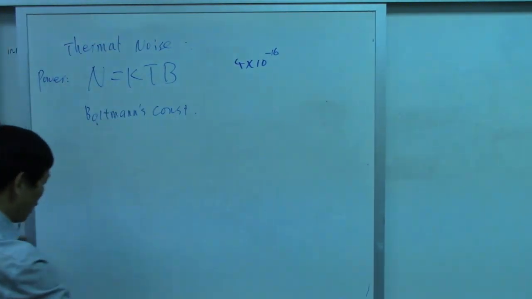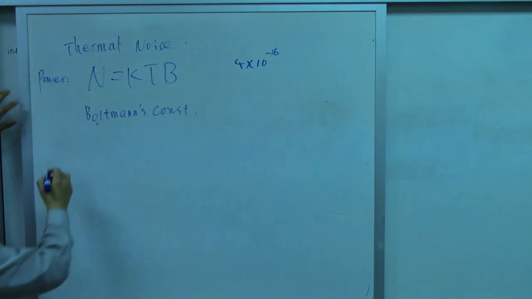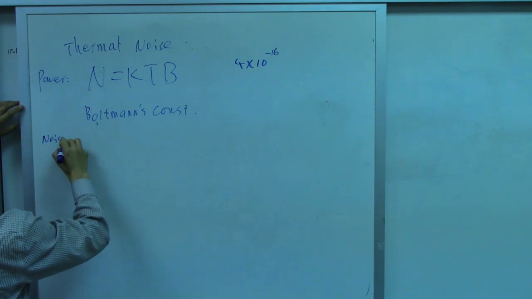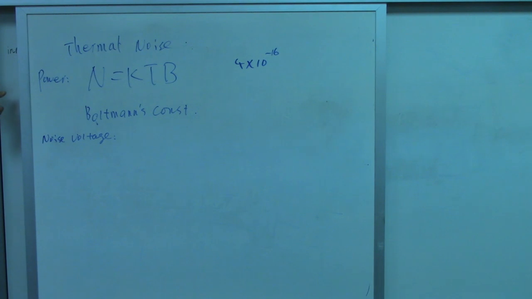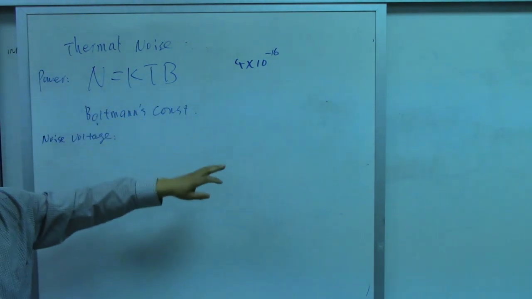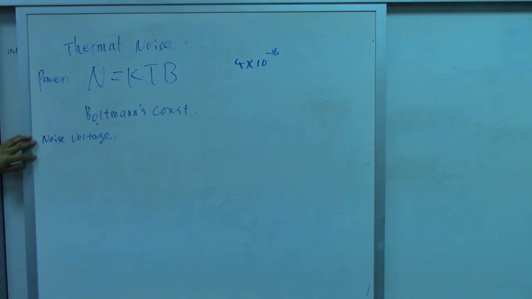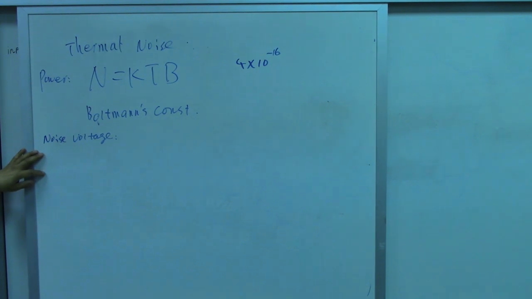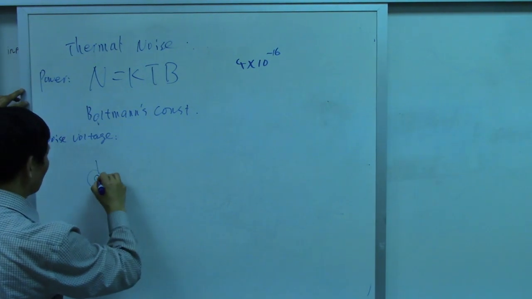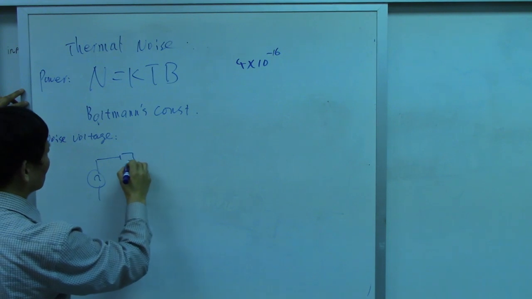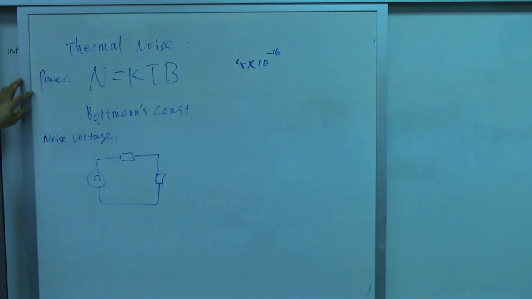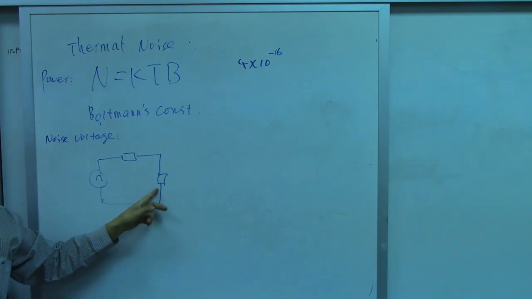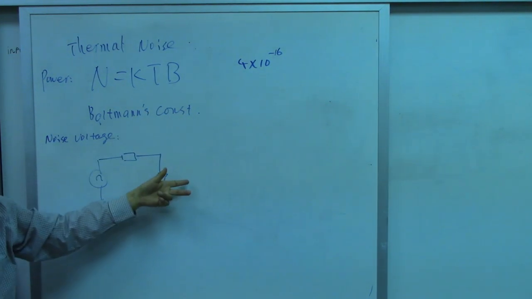Right? So sometimes we have another concept, it's called noise voltage. Instead of representing this noise power with this, we represent that noise with a voltage. So what does that mean? It means, for example, if we have a system here, and we have internal resistance, and we have a load, right? And the thermal power is applied to the load. We know that, right?